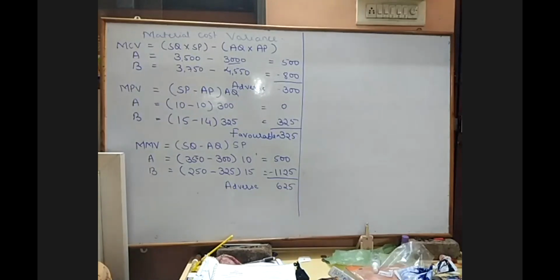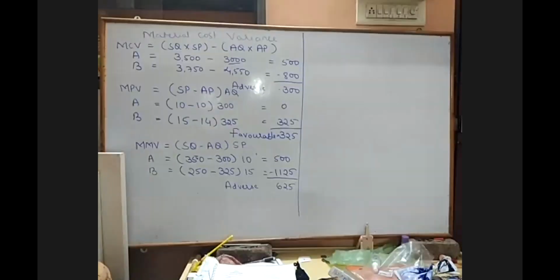It is 300 minus 250 into 11. Okay, yes, we have to do revised standard, right? Exactly.